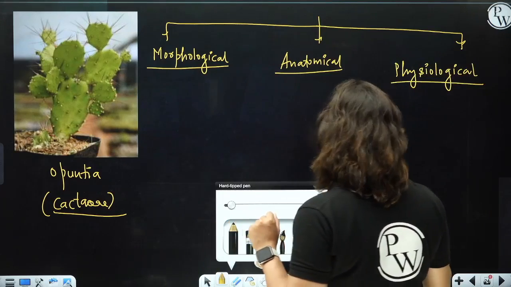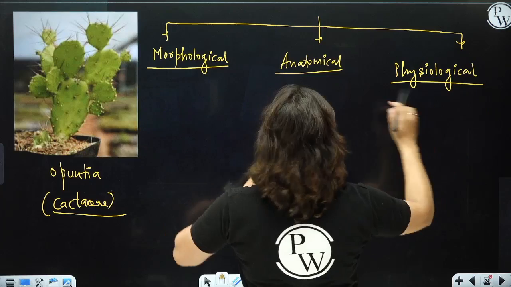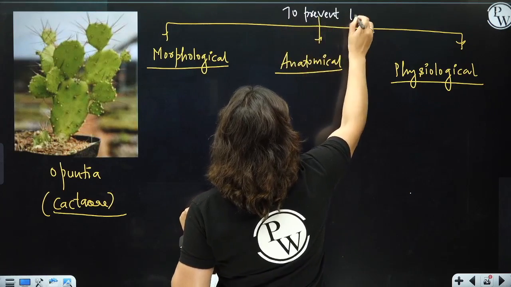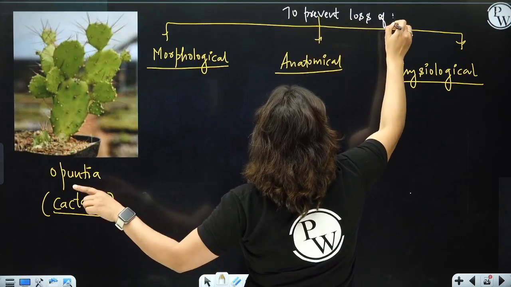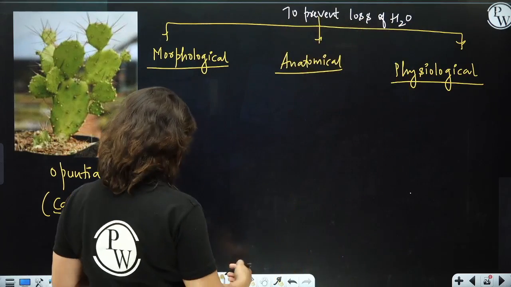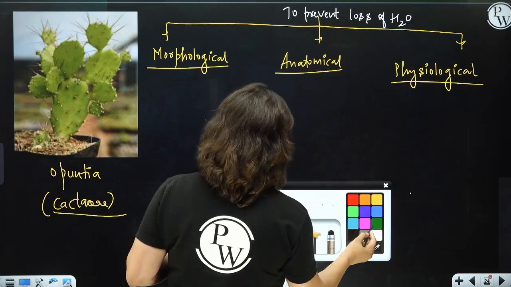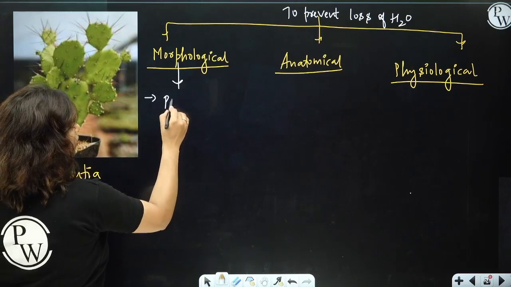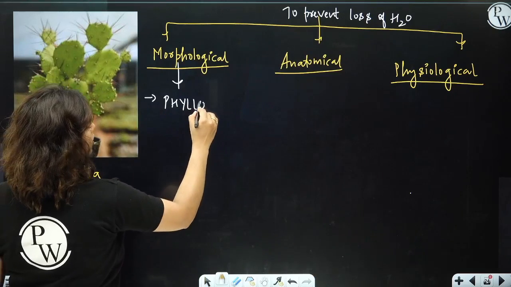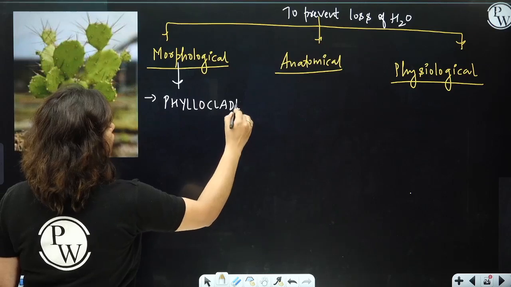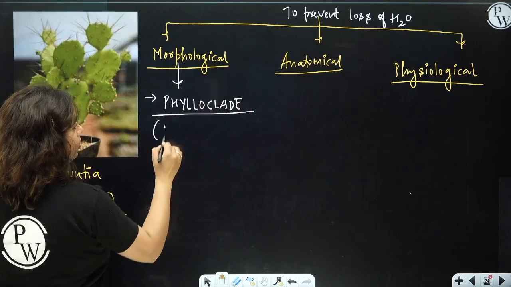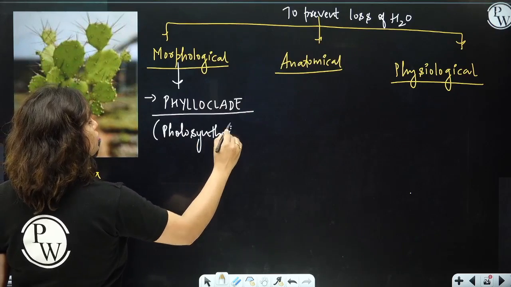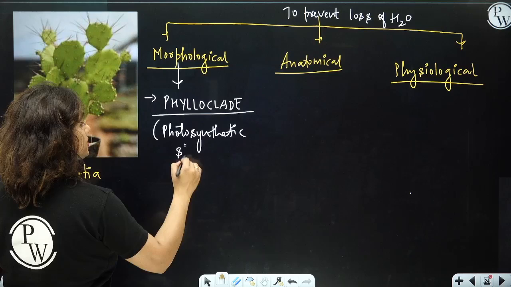What are the morphological adaptations and why are these all done? To prevent loss of water. To prevent loss of water, Opuntia has developed 3 kinds of adaptations. Morphological adaptations means they have phylloclade. And you must have read this in morphology, that a phylloclade is a stem which has been changed to perform photosynthesis.